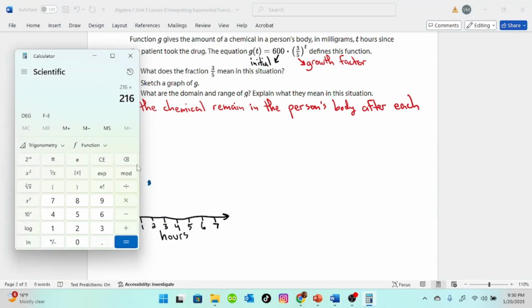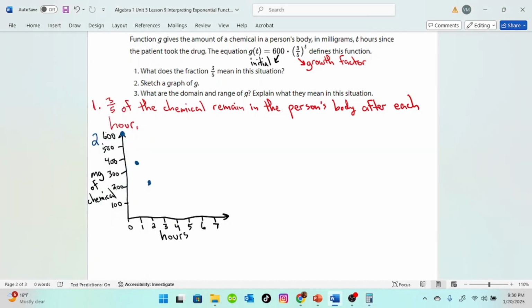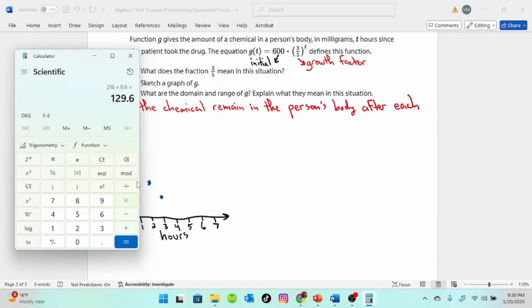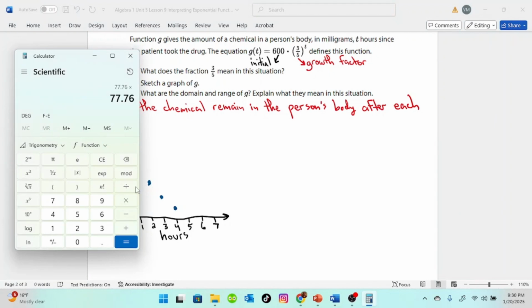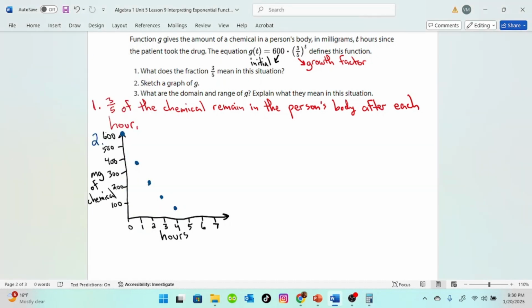Then we multiply that by 0.6, and we're down to 129.6. And we multiply that by 0.6, and we're down to roughly 78. Times 0.6, and that's going to get us down to 47.